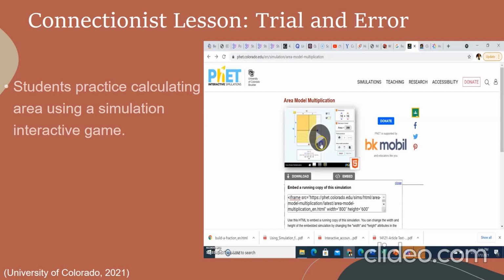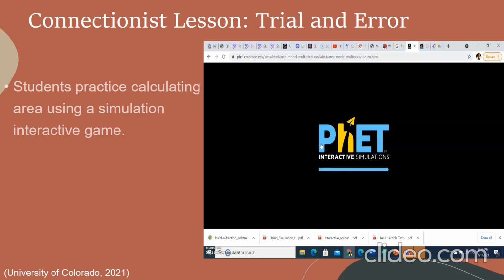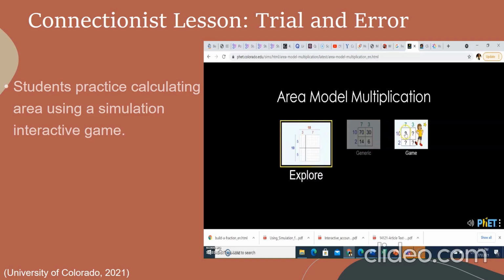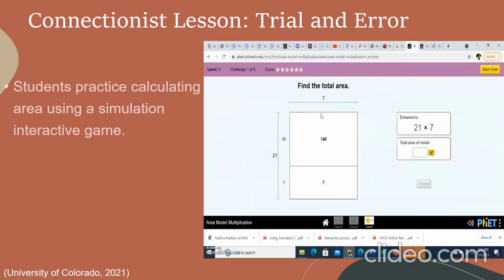The lesson that is in support of the connectionist perspective here is trial and error. Students practice calculating area using a simulation interactive game. This simulation interactive game is PhET interactive simulations. The students are able to explore the options before actually going to choose the game that they wish to play.